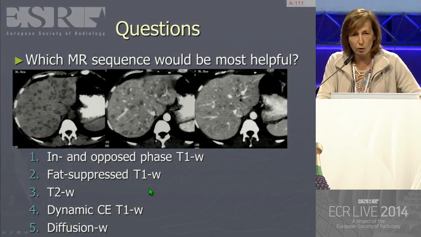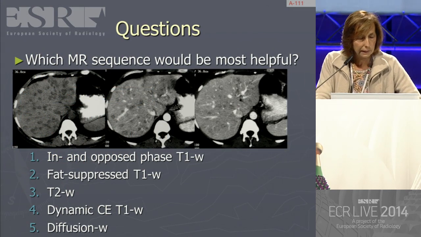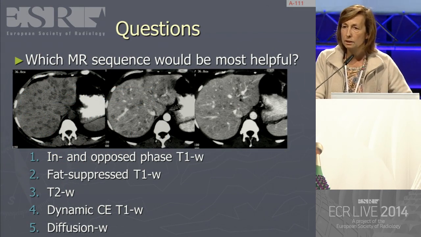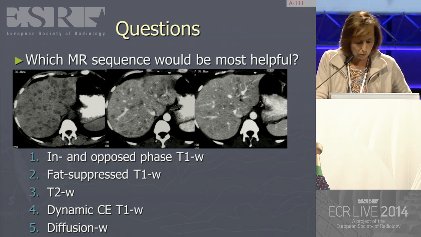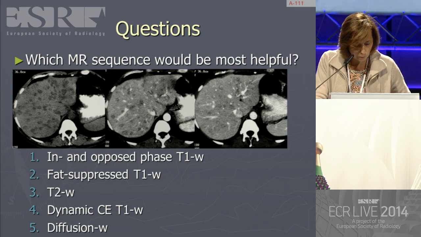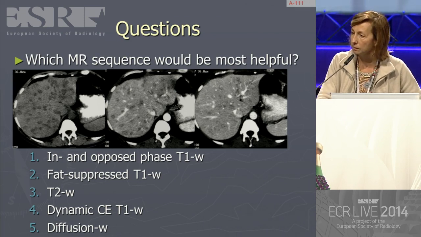I will ask you another question on the same case. Which MR sequence would be most helpful? In an opposed phase T1 weighted sequences, fat-suppressed T1, T2 weighted sequence, dynamic contrast-enhanced T1 weighted, or diffusion weighted sequence.